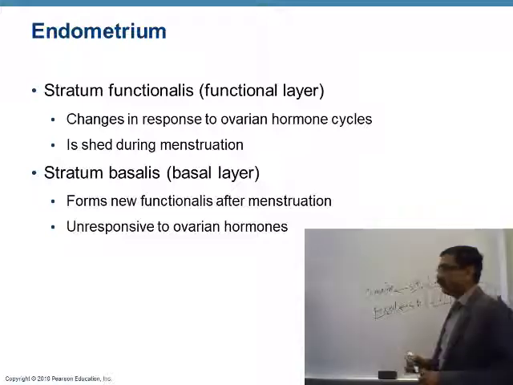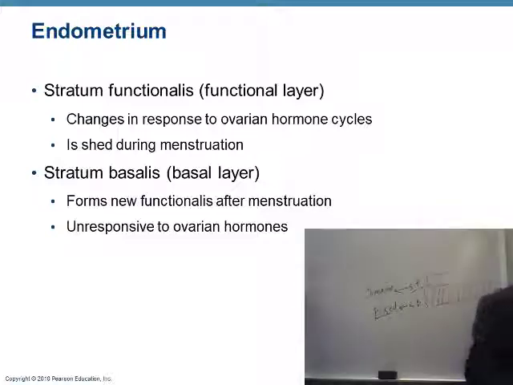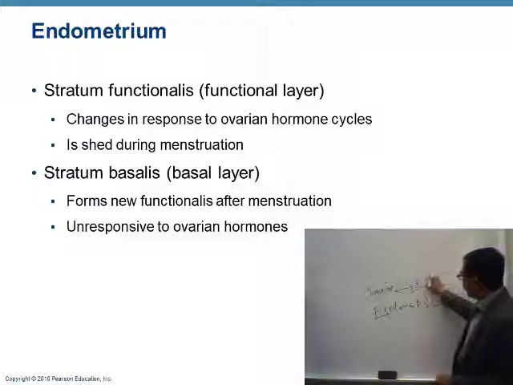So what happens if fertilization doesn't occur? The stratum functionalis is destroyed. Almost the whole stratum functionalis layer will be destroyed.